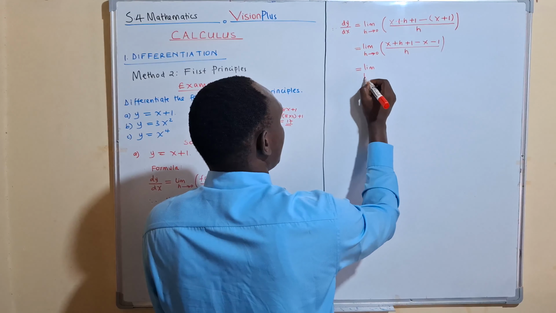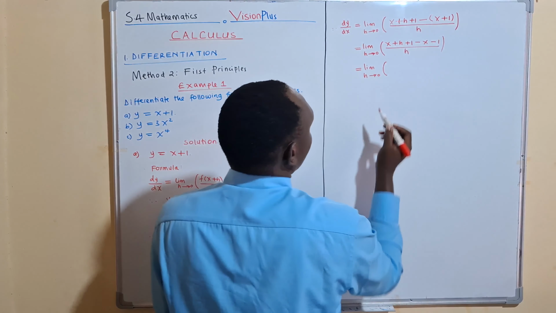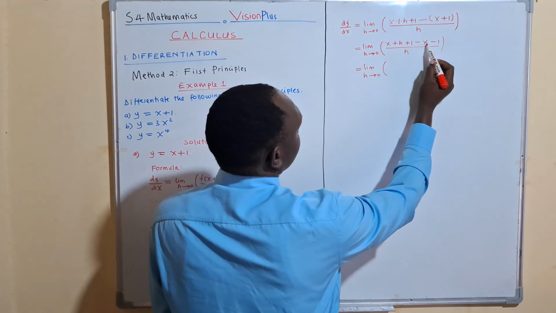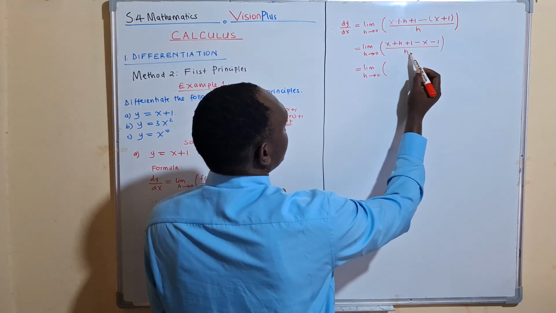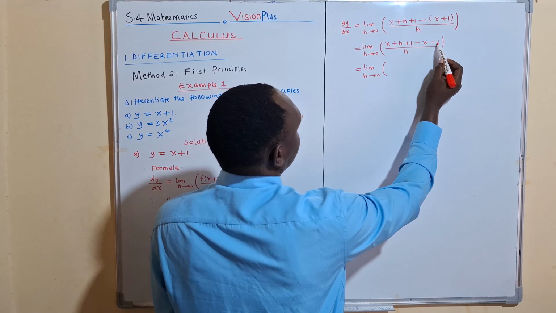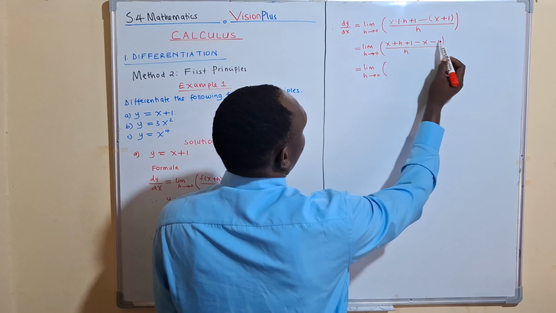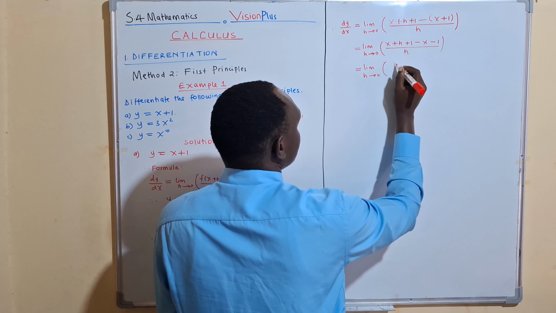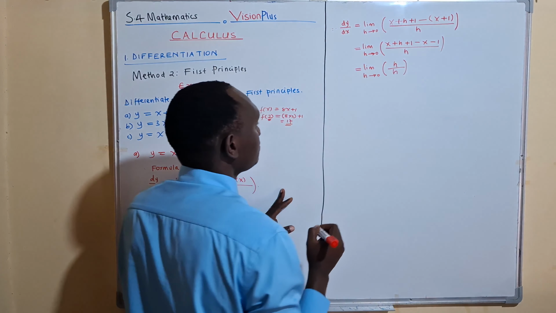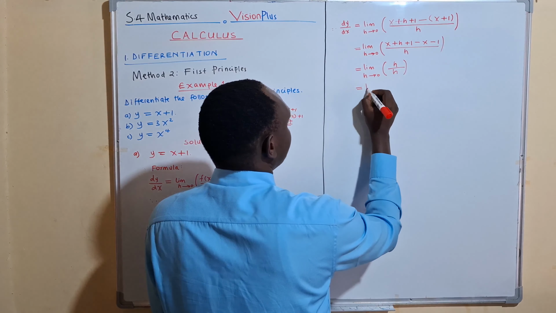Now you are seeing that x and x are cancelling out because this is positive, this is negative. We are also seeing that 1 and 1 are cancelling out. So x and x will cancel, 1 and 1 will cancel. So we shall have h over h.